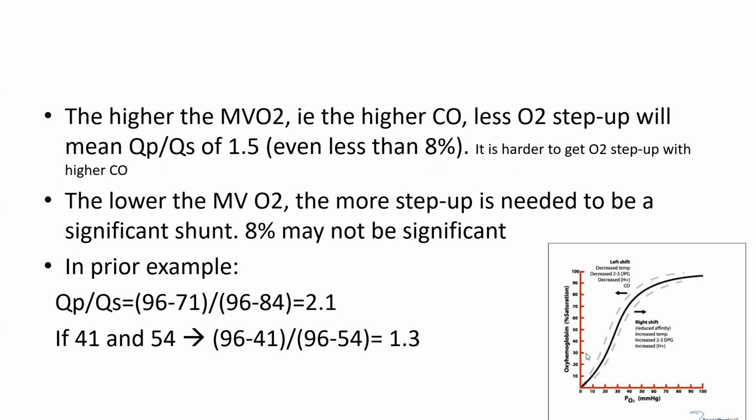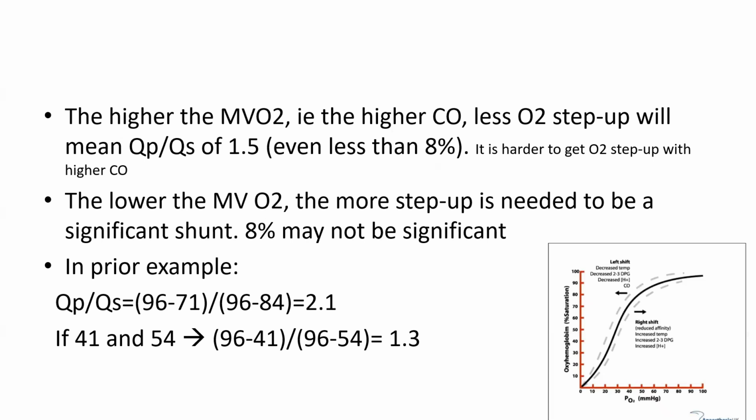So the O2 sat will go very abruptly with any shunted volume when you're very hypoxic in that systemic venous sat. Whereas if your systemic venous sat is high, you need more O2 volume shunted, more O2 content shunted to get a step up in O2 saturation.